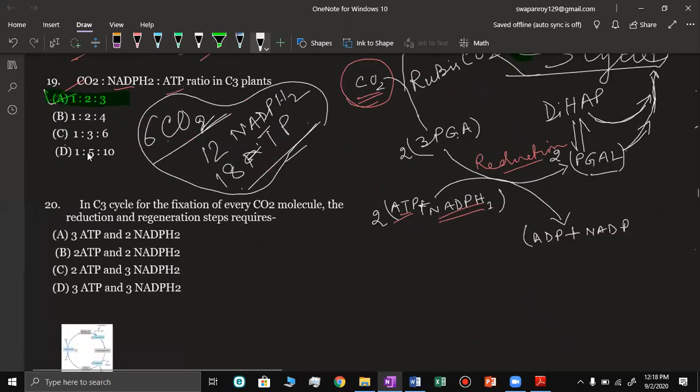The next question is similar: in the C3 cycle, for the fixation of every carbon dioxide molecule, the reduction and regeneration steps require what? Here is the answer: 3 ATP and 2 NADPH2. Same question that we have already discussed.